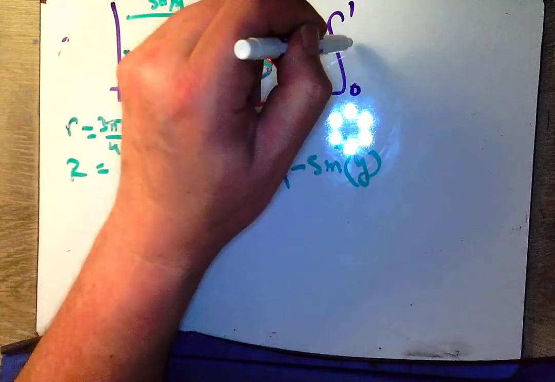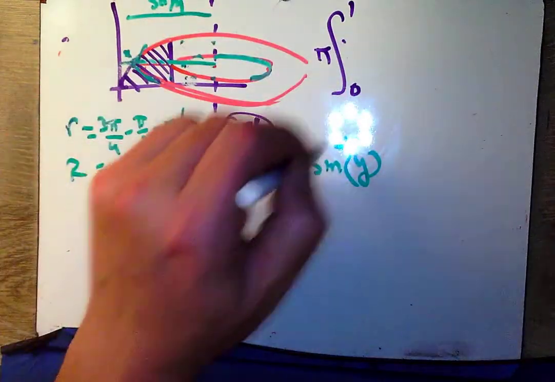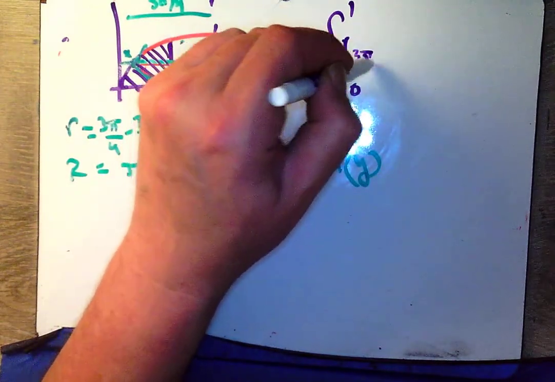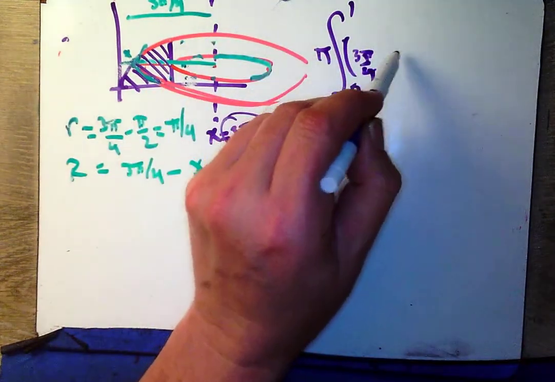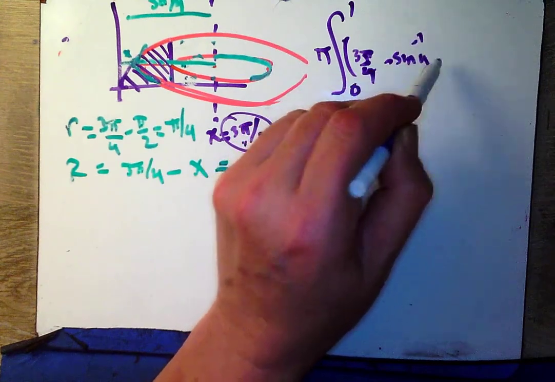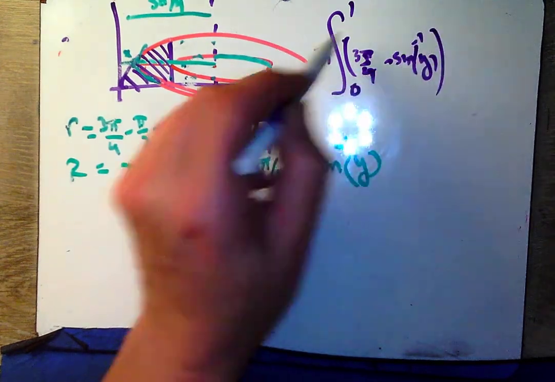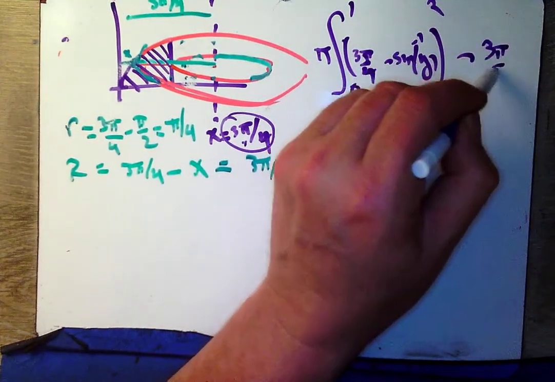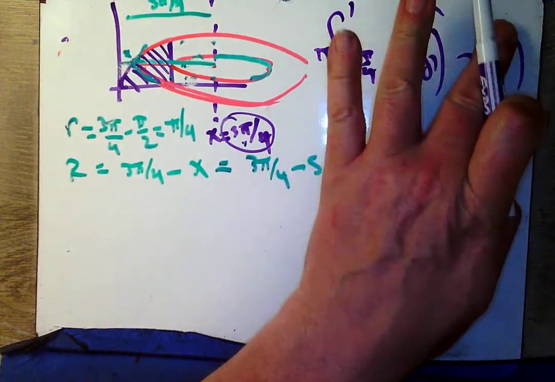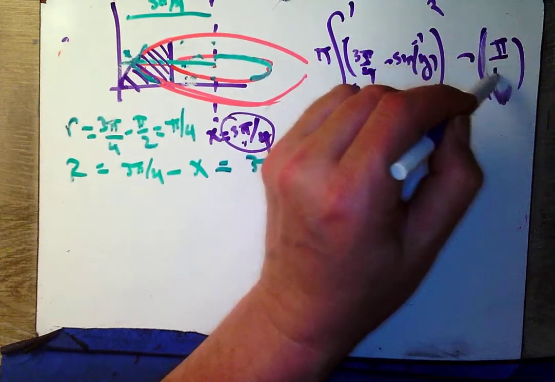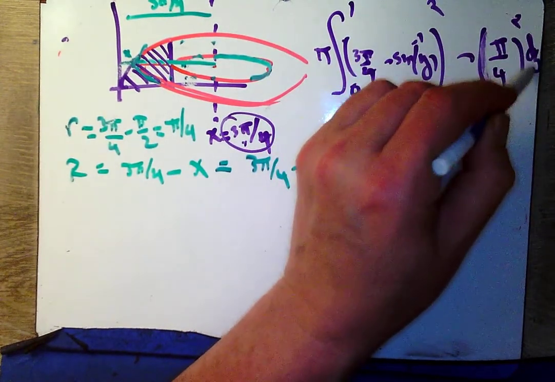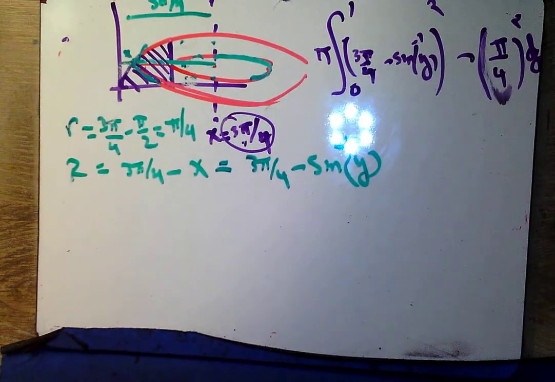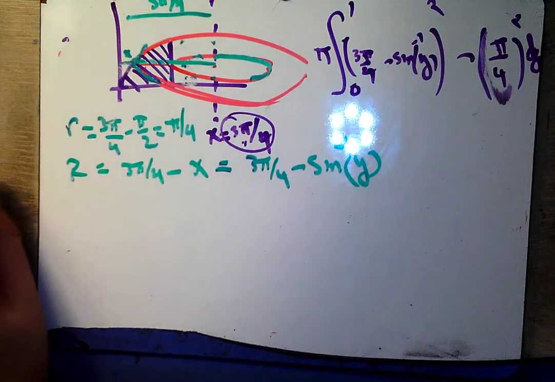We have pi, big R, 3 pi over 4 minus sine inverse of y squared minus little r, pi over 4 squared dy. Okay, so that's that one.